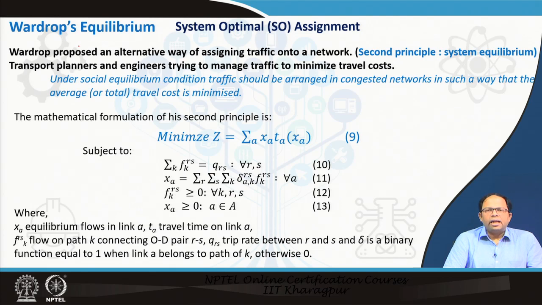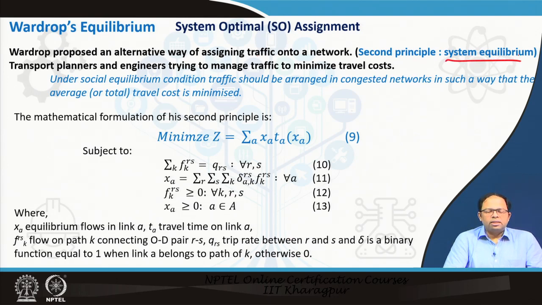we will see another extension of that particular mathematical form, in Wardrop's second principle, which talks about system optimal assignment or SO, where Wardrop proposed an alternative way of assigning traffic onto the network, called the second principle or system equilibrium.